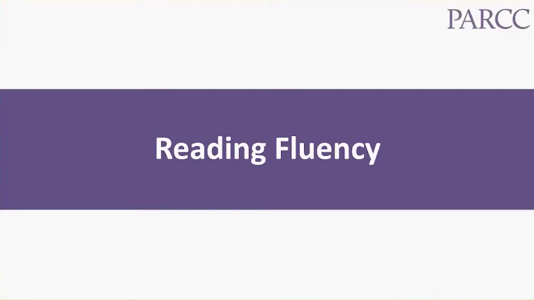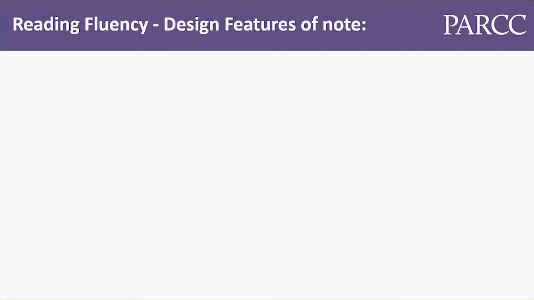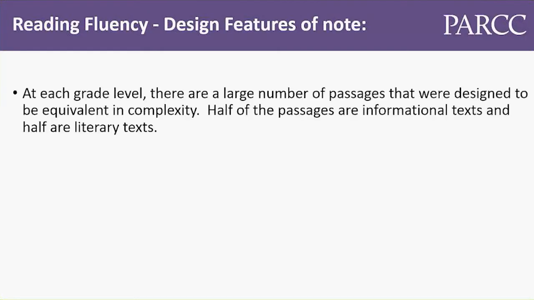When we take a look at the design of the reading fluency tool, you'll see that a large number of passages have been designed to be equivalent in complexity. Half of the passages at each grade level are informational text and half are literary text.